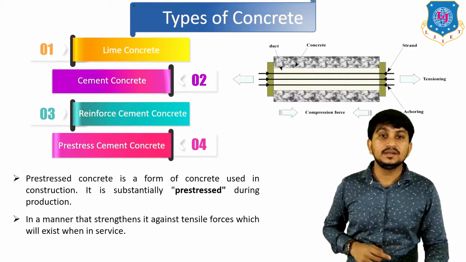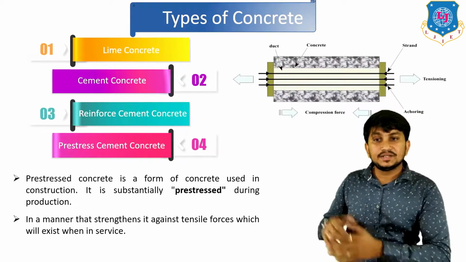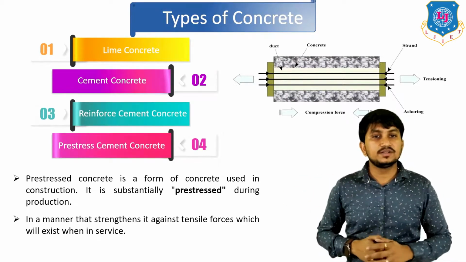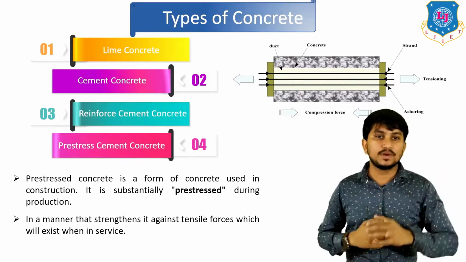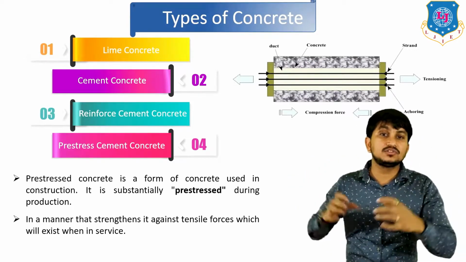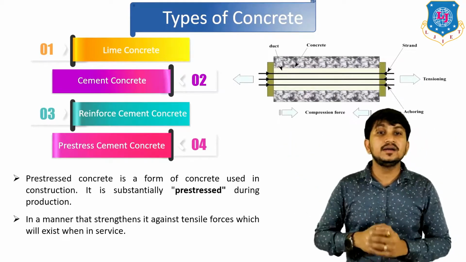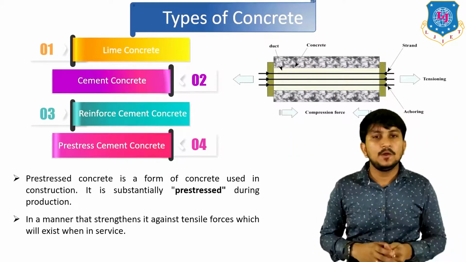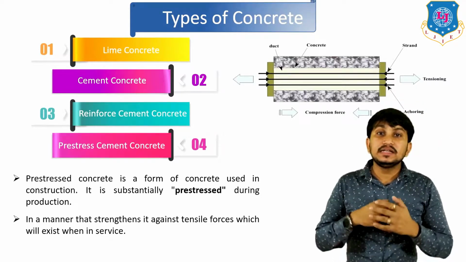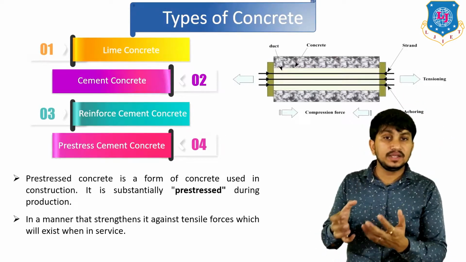By this figure you can easily understand pre-stressed cement concrete. In pre-stressed cement concrete, a number of strands or wires are provided. These wires are then stretched with the help of jacks so that tensioning in the beam occurs. When some load is acting on it in future, it increases the compression force in the beam.